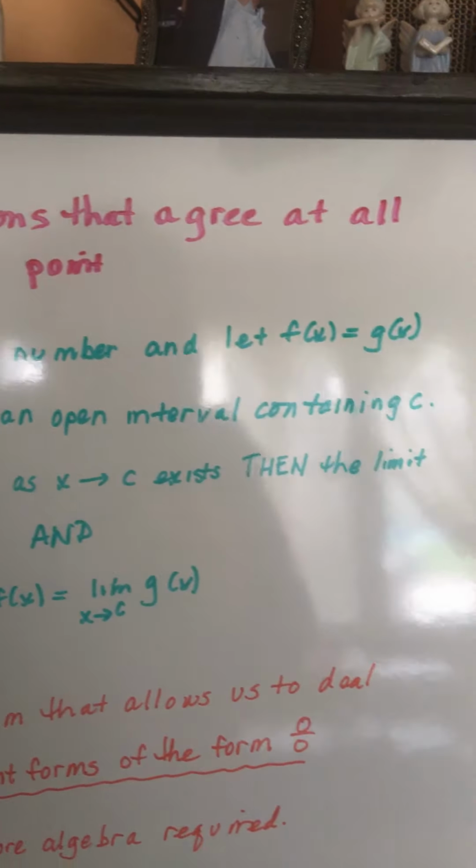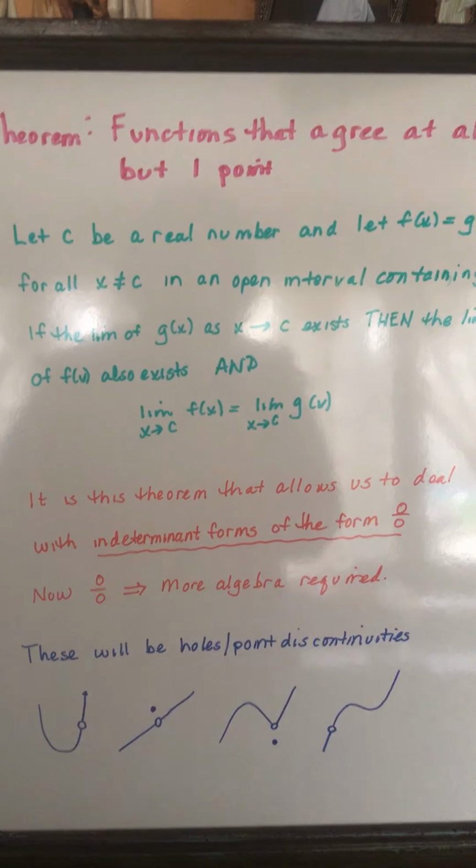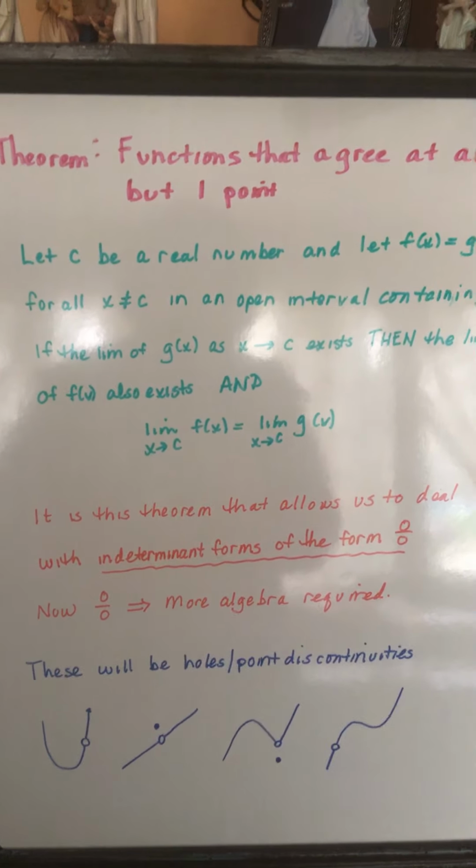If the limit of g of x as x approaches c exists, then the limit of f of x also exists, and the limit of f of x as x approaches c and the limit of g of x as x approaches c are the same. It is this theorem that allows us to deal with the indeterminate form of 0 over 0. Now, 0 over 0 will require more algebra, and for this worksheet, the indeterminate form will always represent discontinuities.